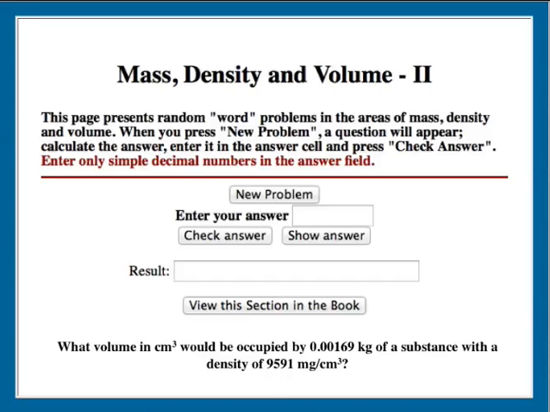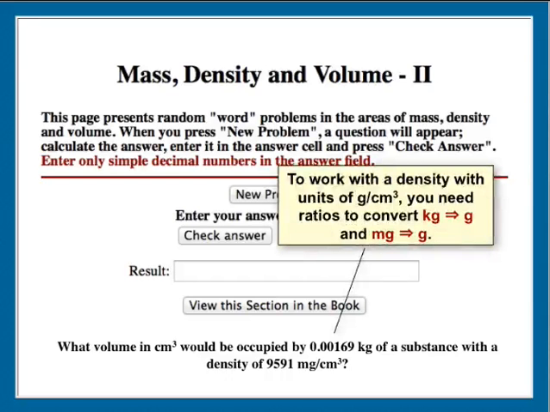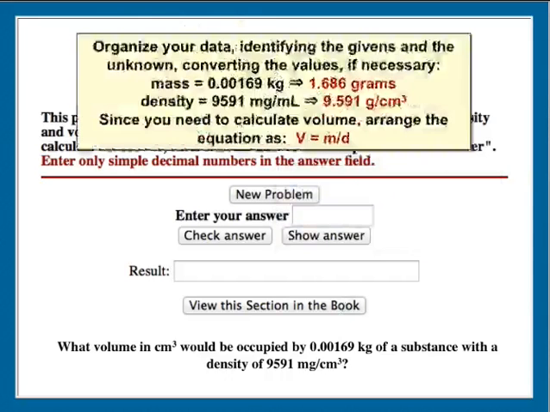So our logic is going to be to take and set up two ratios. Our mass here is 0.00169 kilogram. We're going to convert that into grams, knowing that there are 1,000 grams in every kilogram.